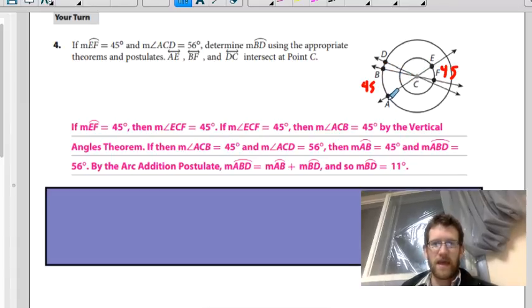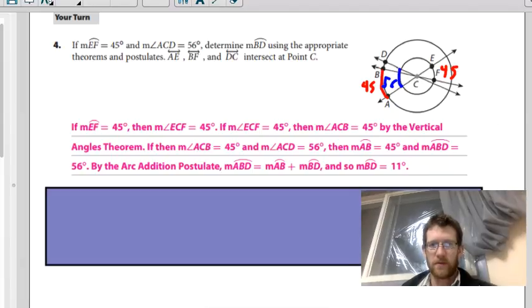Since arc BA is 45, it also says that angle ACD is 56. So ACD is 56. So I'll go ahead and do this one as 45. This angle, ACD, is 56. So therefore, DB is just the difference of those two. So it's just 11.